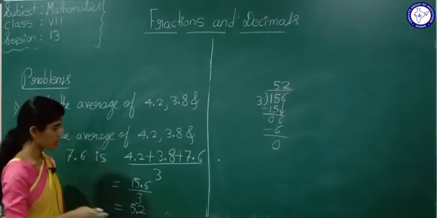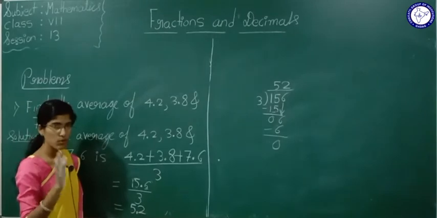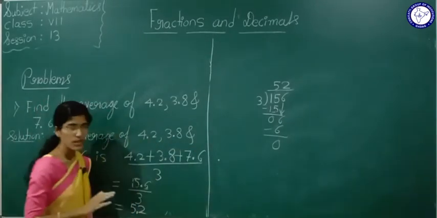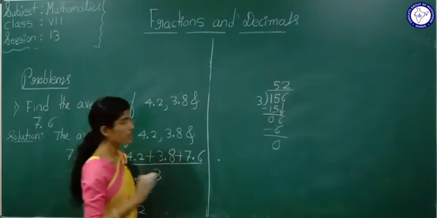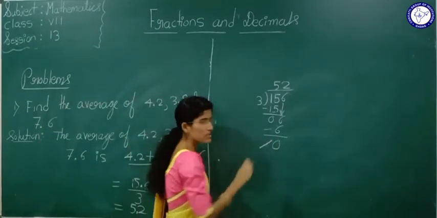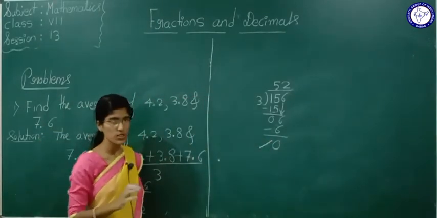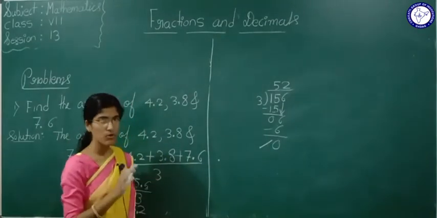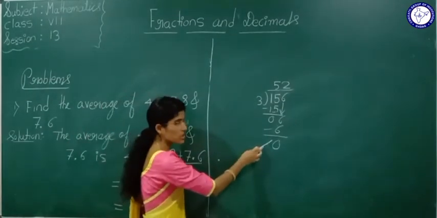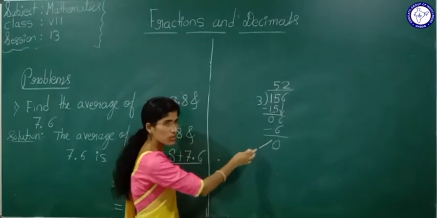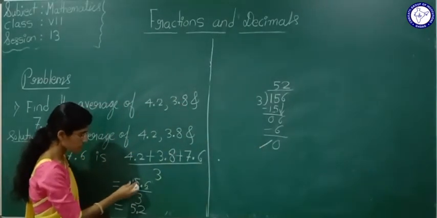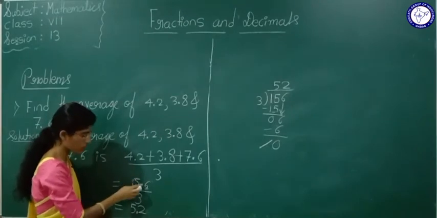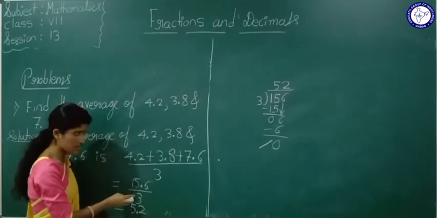Now see, students, this rule is applicable only when the remainder is 0. Sorry, I said quotient 0. So this is applicable only when we are getting remainder 0. Which rule means? I am telling, treat this as a whole number and divide it by 3.